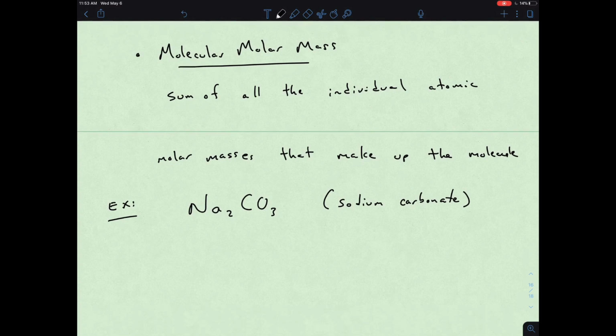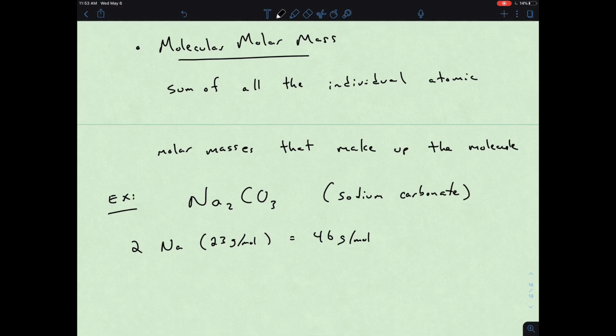If we look at the molecule, we have 2 times our sodium. Let's say our sodium is roughly 23 grams per mole. We have 46 grams per mole from the sodium in the molecule.